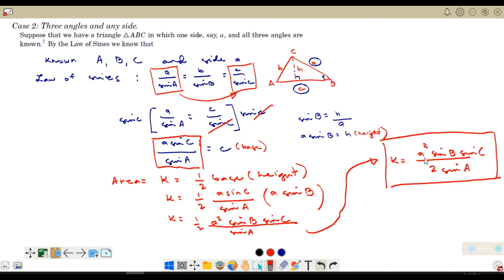So, ito po si given side, which is A. Kung mapapansin nyo, ang kapartner niya dito sa taas ay yung dalawang angles which are not opposite it. So, ang opposite ni A ay si angle A, di ba? Ang kasama niya sa taas ay si angle B at saka si angle C. And then sa baba, nandun yung kanyang opposite which is sine A. So, yun lang ulit yung tatandaan nyo.